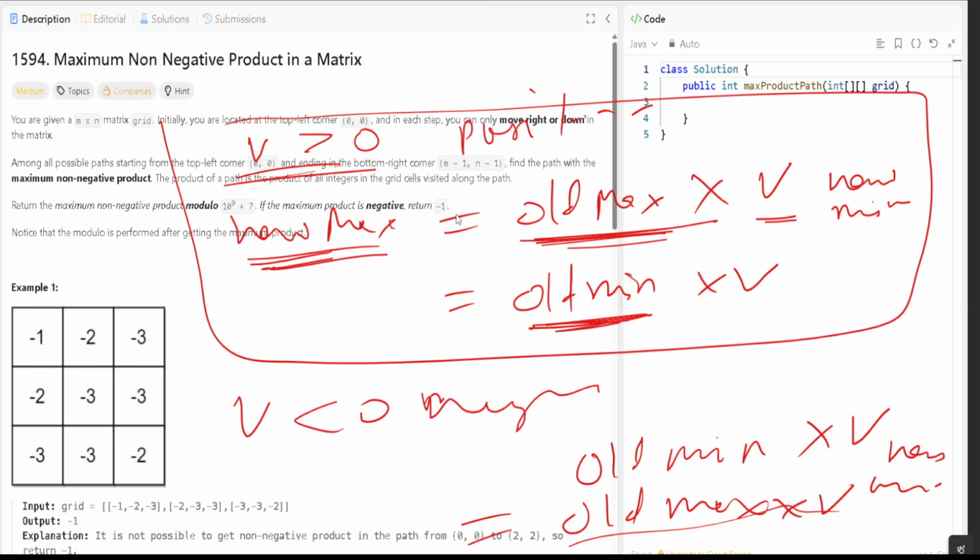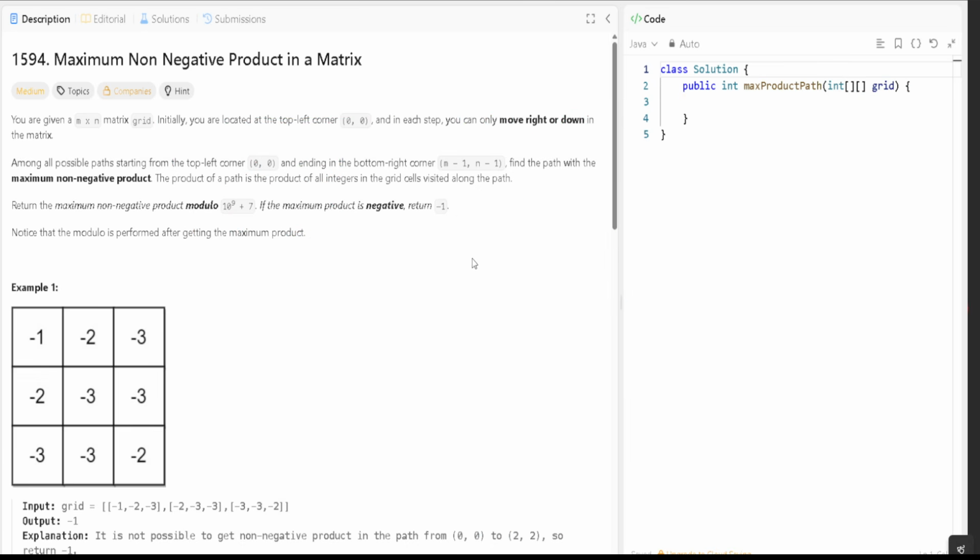Okay, so if I talk about the flow chart, how will it work? Let's suppose initially we take dp max and dp min, and the table is m cross n.